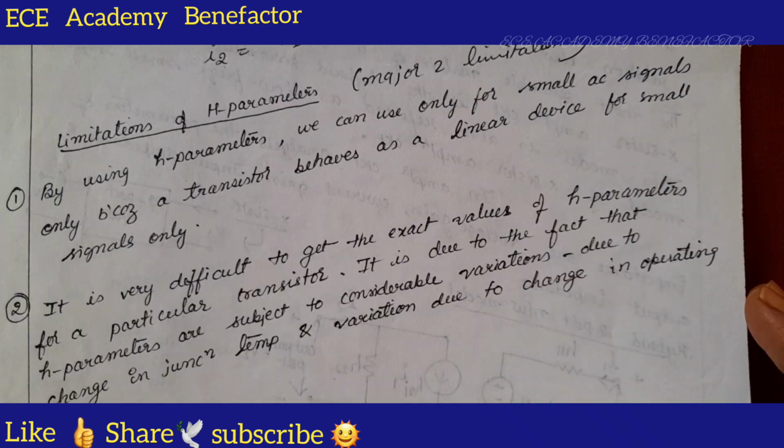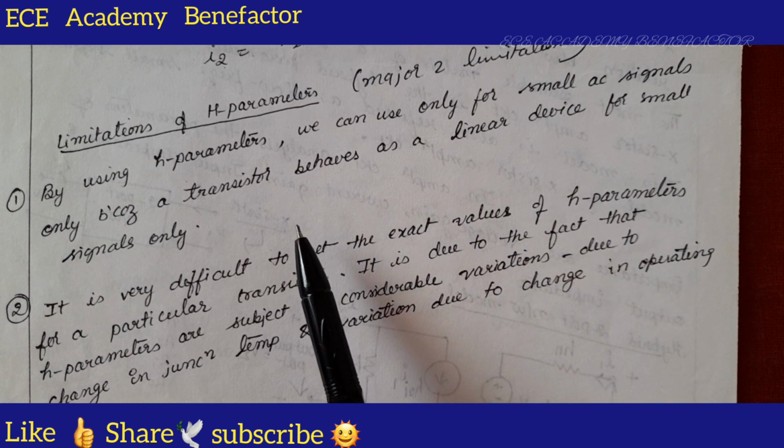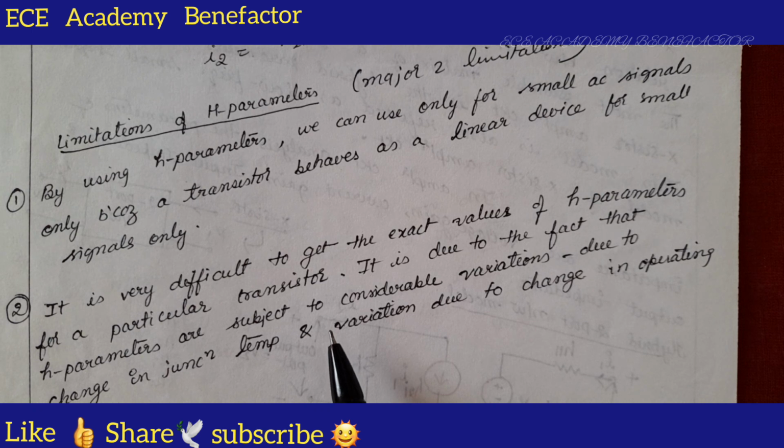Coming to the limitations of H parameters, there are two major limitations. First, H parameters can be used only for small AC signal analysis, and as we have seen, it is a low frequency model, because the transistor behaves as a linear device for small signals only.